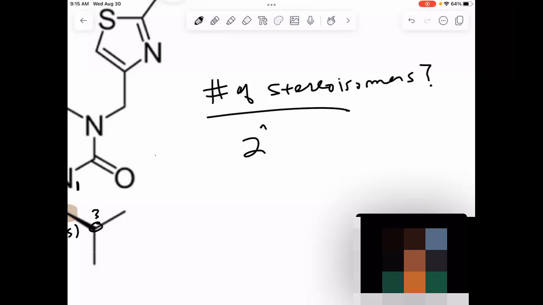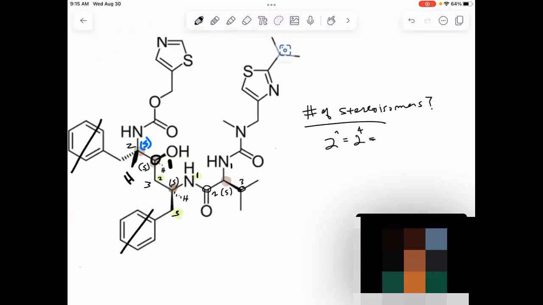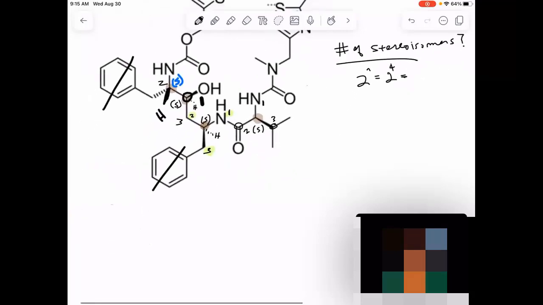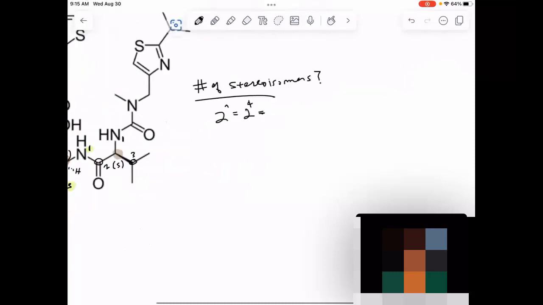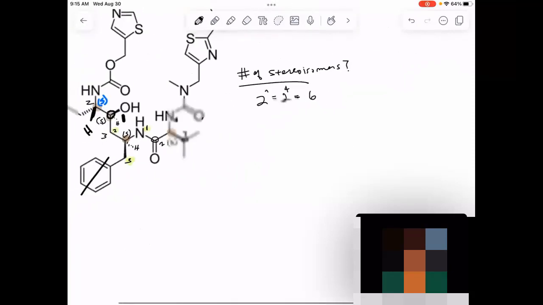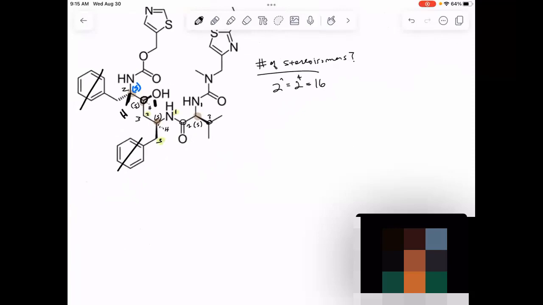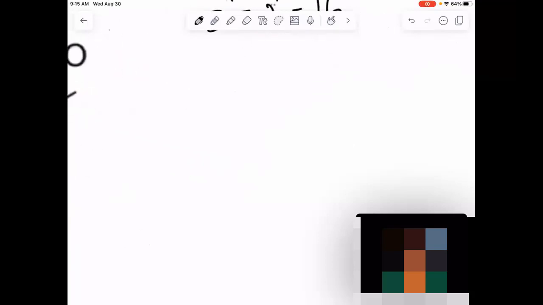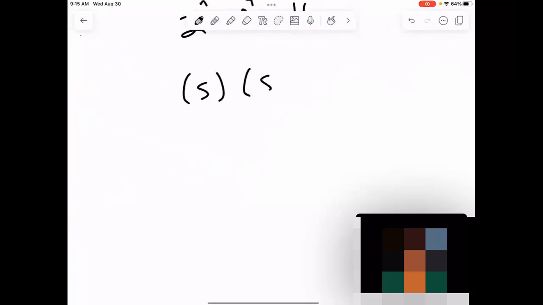So it'd be 2 to the 6, which is 64. Or 4. But we only have 4 stereocenters. On N, that is the number of stereocenters. So that would be 16? Yes. Possible. Okay, great.